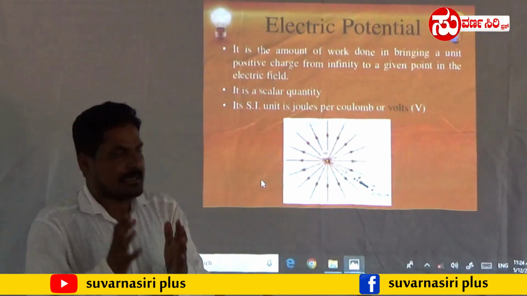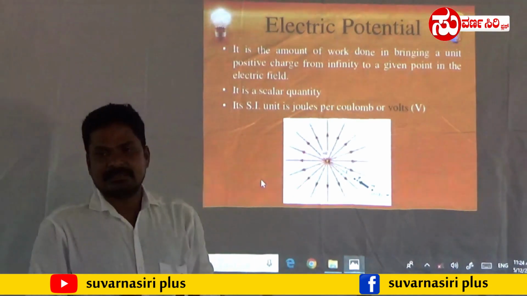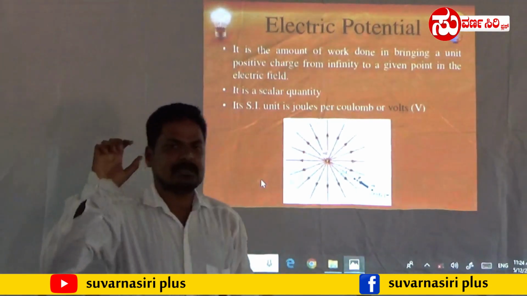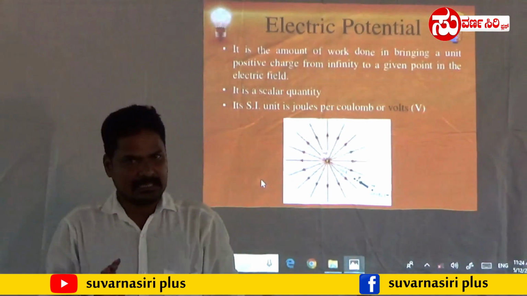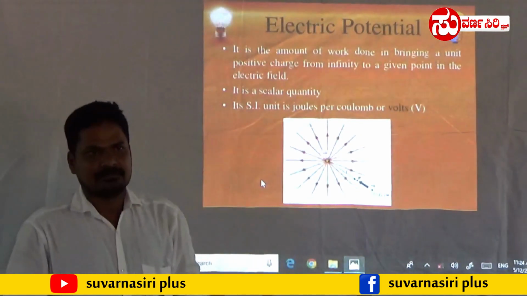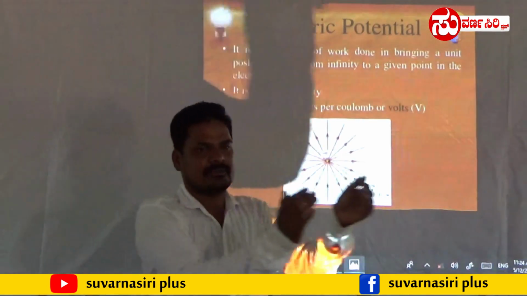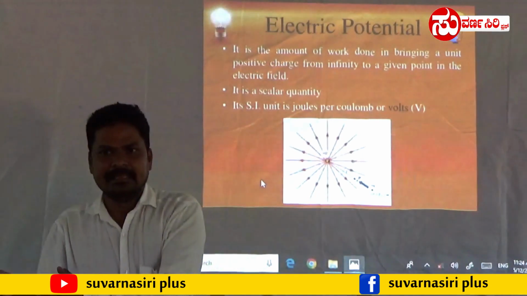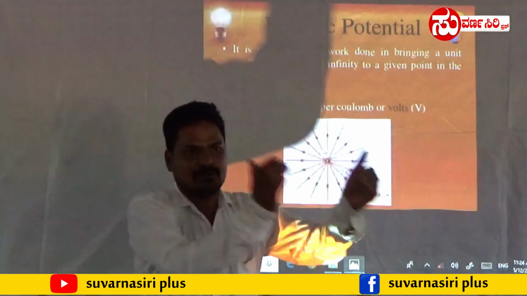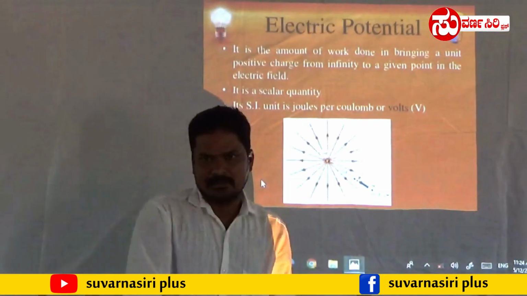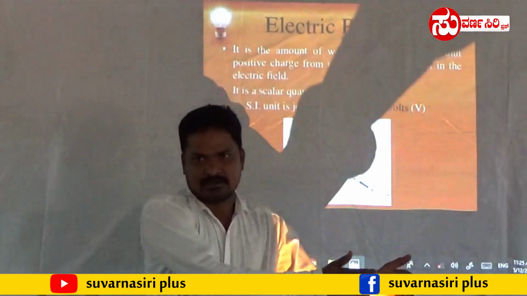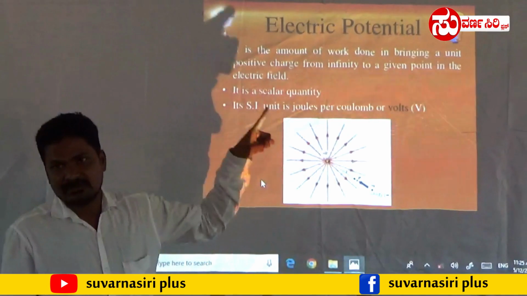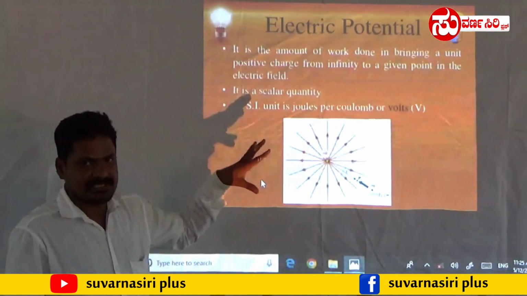So electric potential V is equal to W by Q. W is the work done, which is measured in a unit called joule, and Q is the charge, 1 coulomb of charge, which we carry from one place to another, for example from point A to point B. We have to do some work, which means displacement of the electron. So this is work done W by Q, joules per coulomb. So this is the potential difference.